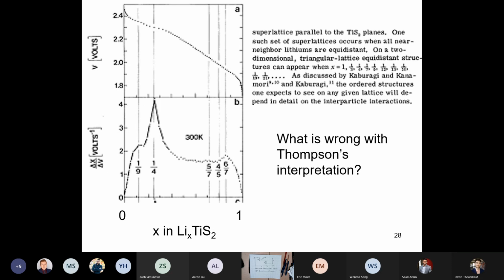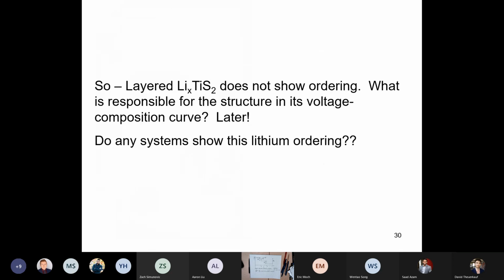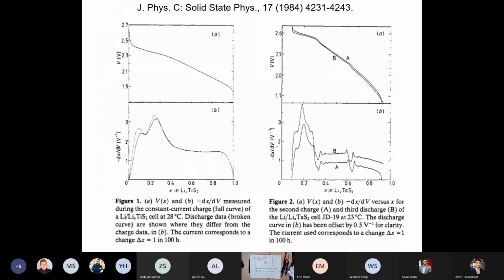So let's take a look here. This is from a paper that Ross McKinnon and I published way back in 1984.